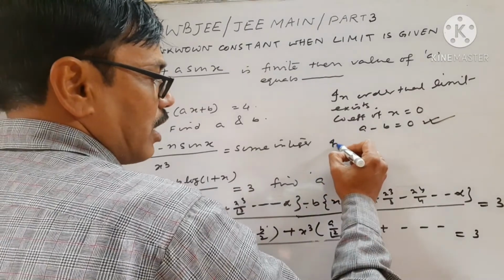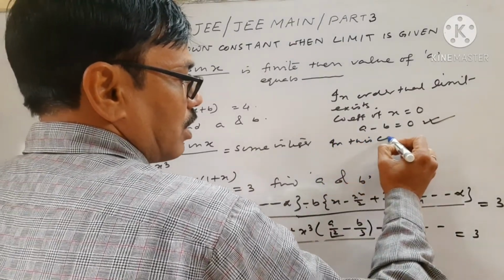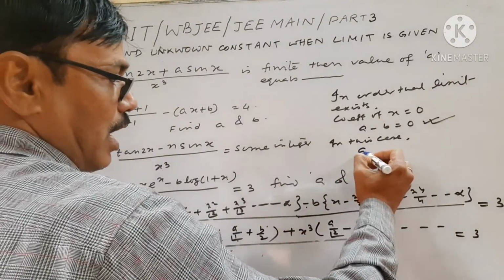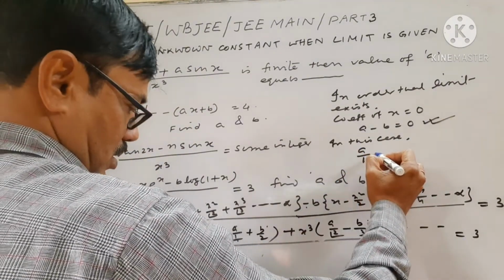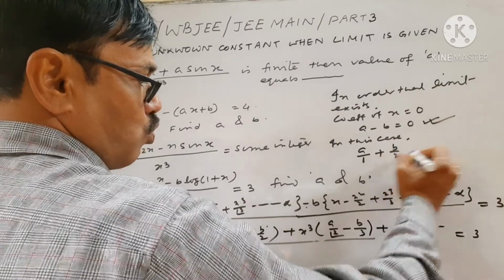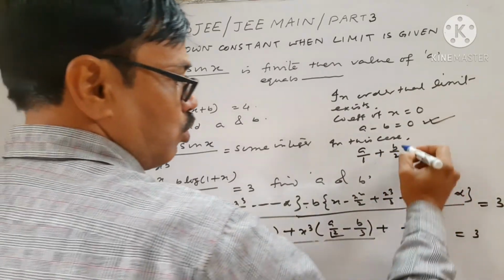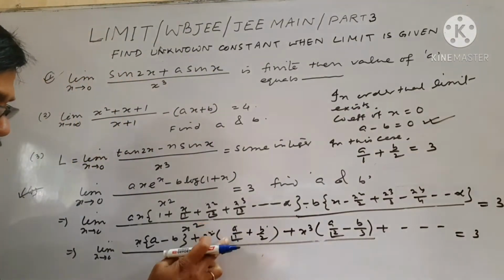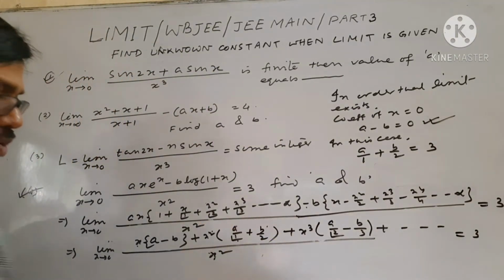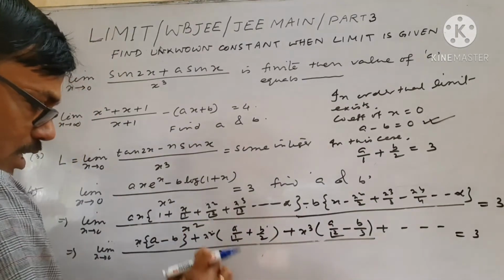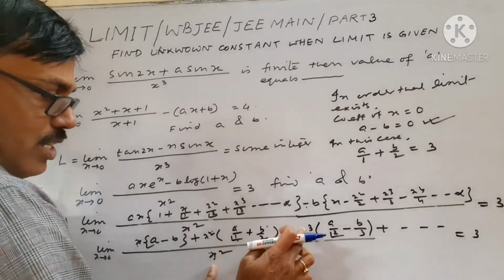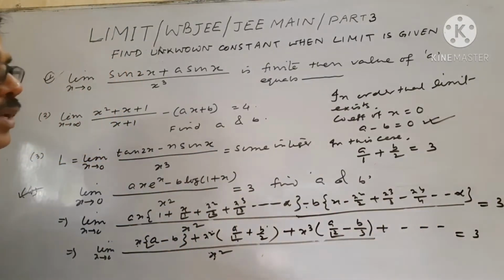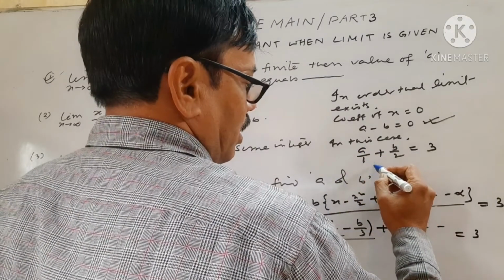So in this case, what is the limit? a by 1 plus b by 2 equals 3, because the x square cancels to give 1, and the x times x square part is 0. So a equals b.